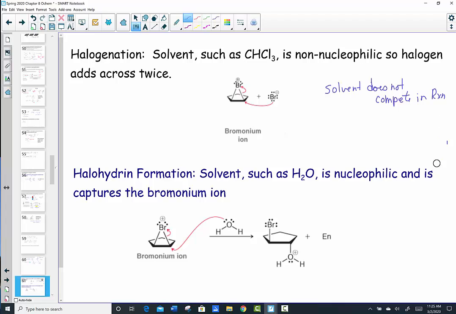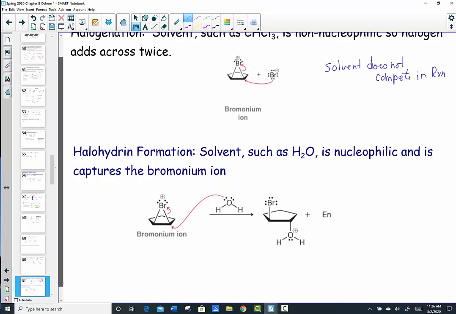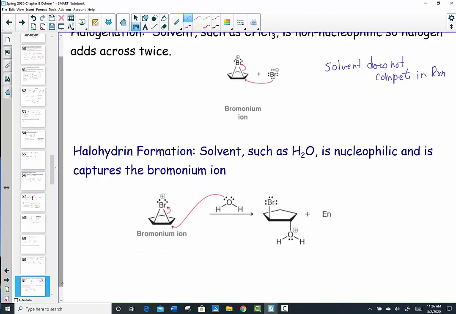However, if we use a more exciting solvent, such as water, the water is actually the nucleophile and captures the bromonium ion. So I want you to notice now, sitting on the arrow would be a water molecule as the solvent. That means that instead of a second bromine adding, we actually add the water across. And this was what we referred to as a protonated alcohol.